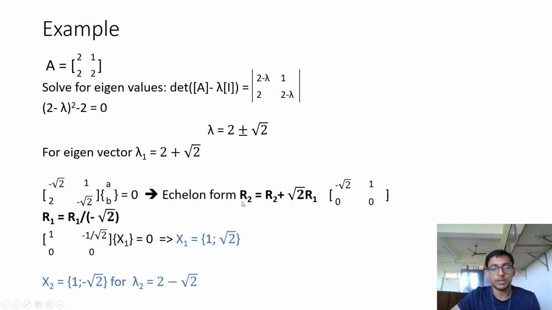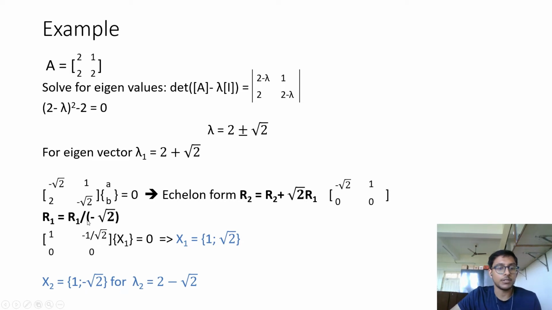So you perform this row operation, that is row 2 is equal to row 2 plus 2 times root 2 times row 1, and we make the lowermost row 0. And then to convert it into a proper row echelon form, we have to divide the first row by minus root 2. This also is simpler to understand, but since I said row echelon form, I'll be converting.